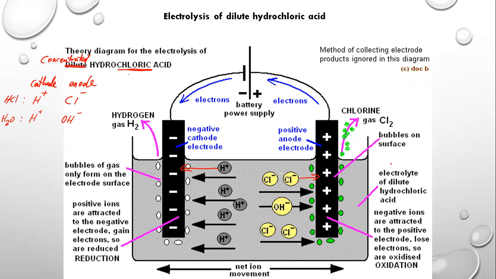Now let's look at the half equation at the anode. What you've got there is 2Cl minus: 2 chloride ions will move to the anode. They will each give up 1 electron. In total, they would be giving up 2 electrons, so minus 2 electrons, to produce a chlorine molecule.